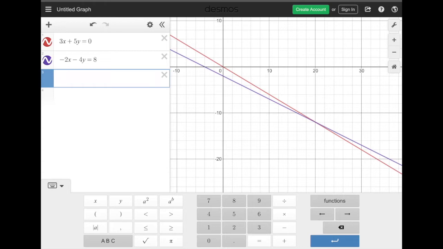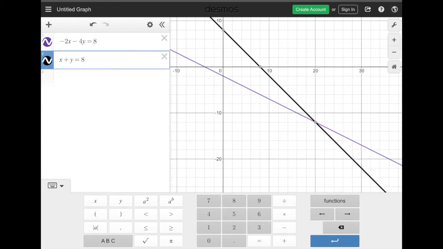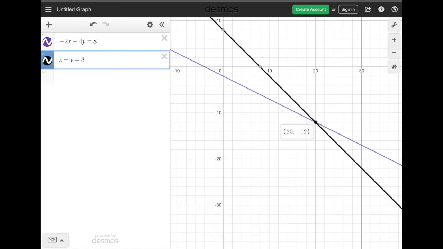If I combined these two equations, if I added the red and the purple to get x plus y equals 8, I get a new line, a black line, but the solution is still 20, negative 12.